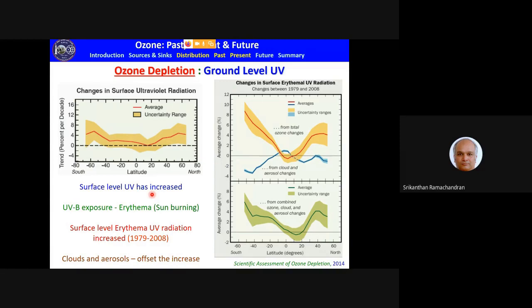It increases erythema, or what is called sunburn. In the last 40 years or so, the surface level erythemal ultraviolet radiation has increased. The clouds and the aerosols can offset this increase, but in an overall sense the change is still happening because of the ozone dominance.